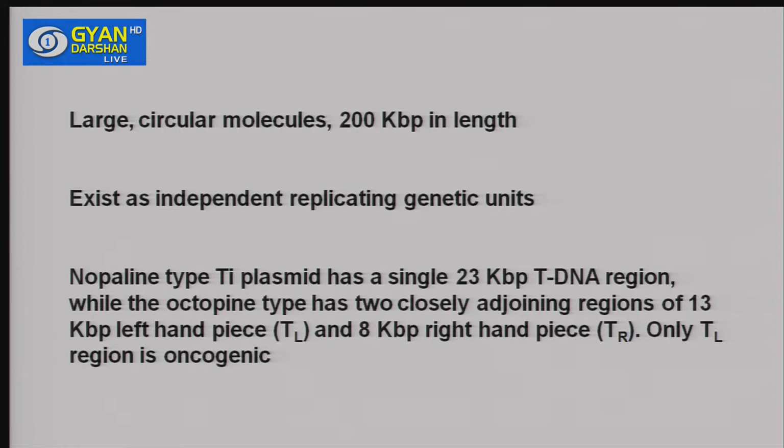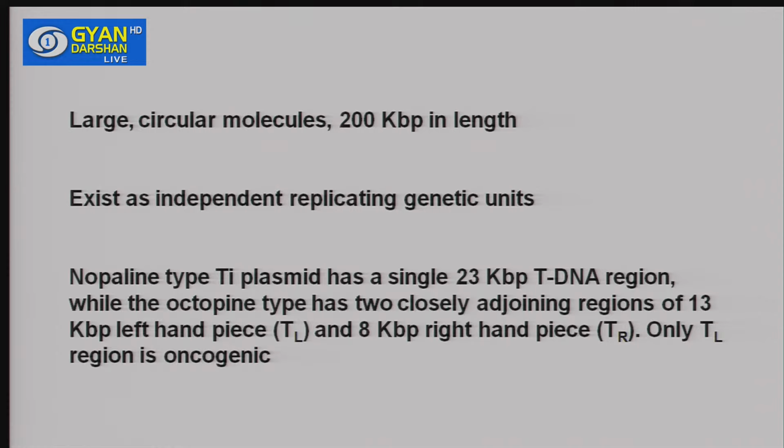The nopaline Ti plasmid has a single 23 kilobase pair T-DNA region, but the octopine type Ti plasmid has 2 adjoining regions, a 13 kilobase pair left hand piece and an 8 kilobase pair right hand piece, of which only the TL region is oncogenic.